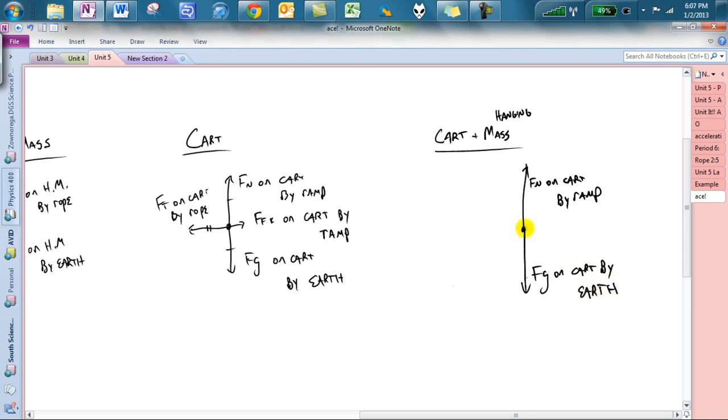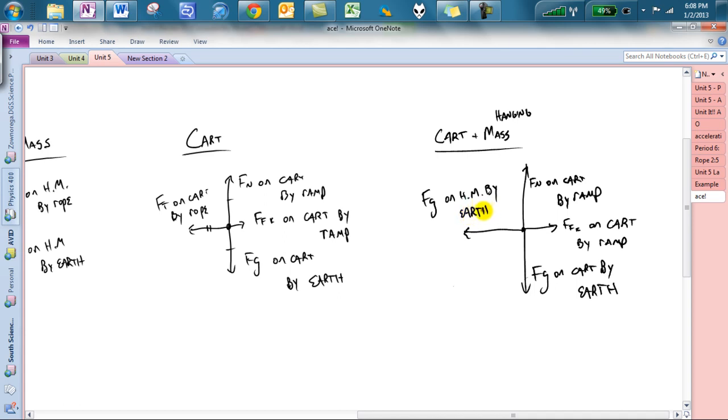We have a frictional force, FFK, on the cart. This is still on the cart. It's not by the system. The friction is only affecting the cart. It is not affecting the hanging mass. So I just like to point that out. On the cart by ramp. And the last one is going to be now the FG on the hanging mass by Earth.